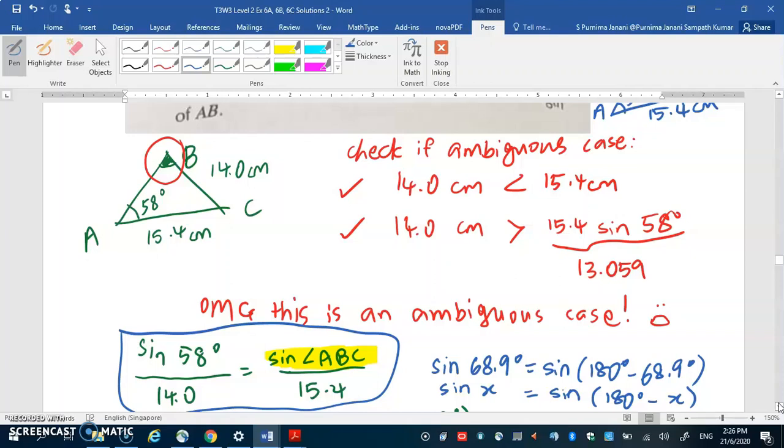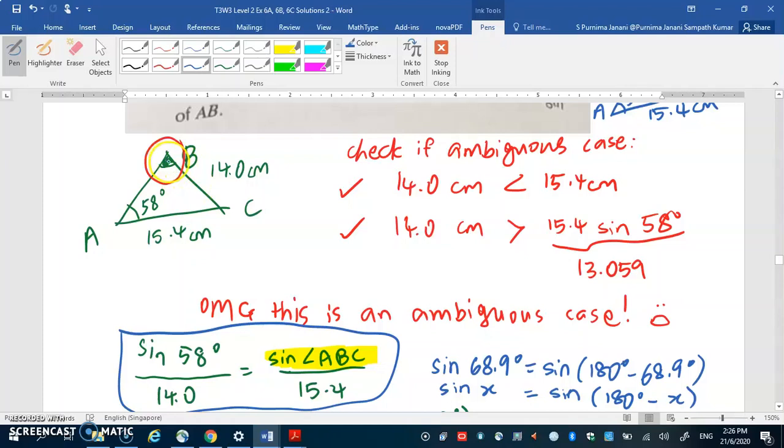Now, it's not true that all triangles will have two different possibilities. It's just that in this case both 68.9 and 111.1 work for this triangle. Why? Because 111.1 plus 58 is less than 180, so it's still possible for this angle to be 111.1.